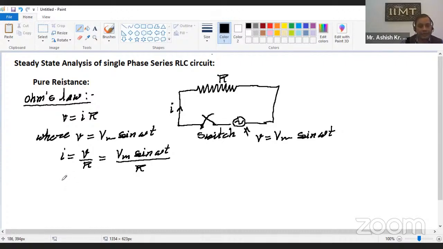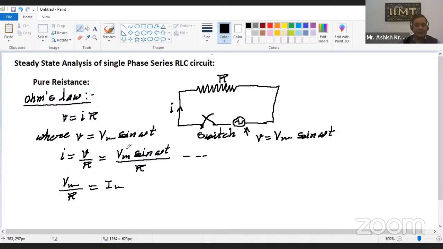So we can say that Vm upon R is the maximum current flowing in the circuit, Im, because current is directly proportional to voltage.